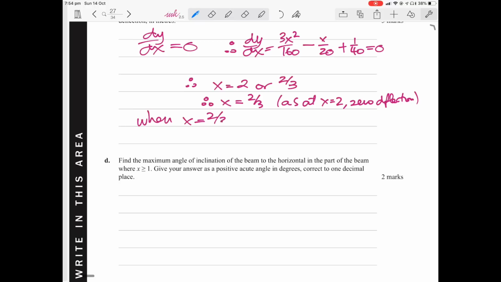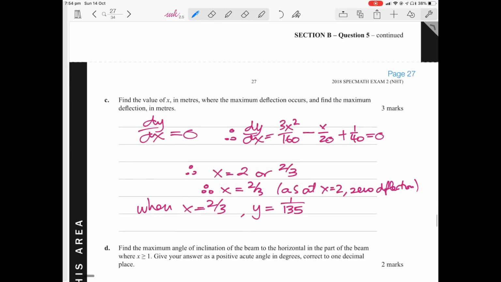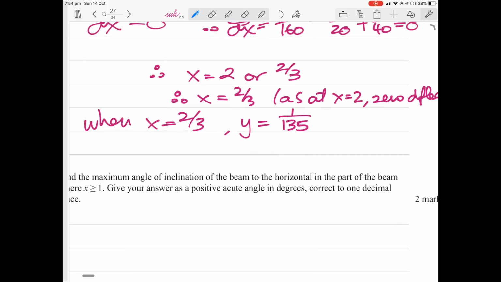When x equals 2/3, y equals 1 on 135 meters.